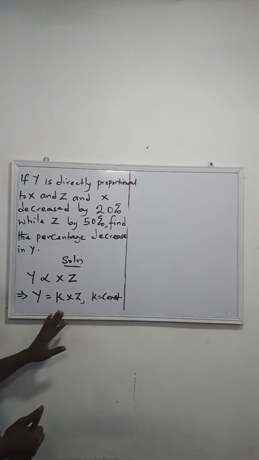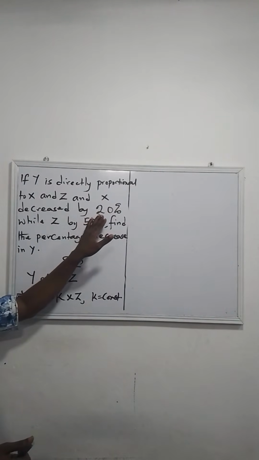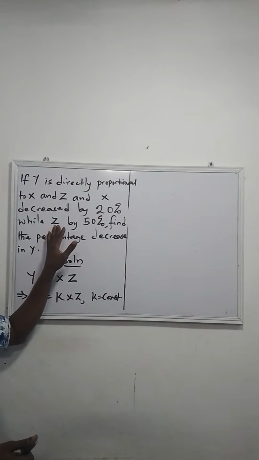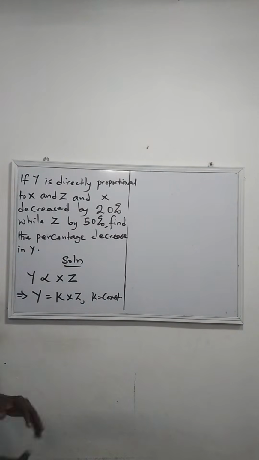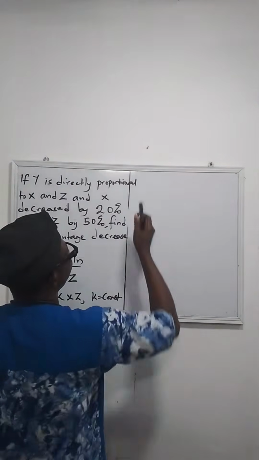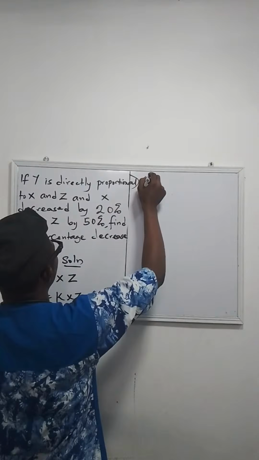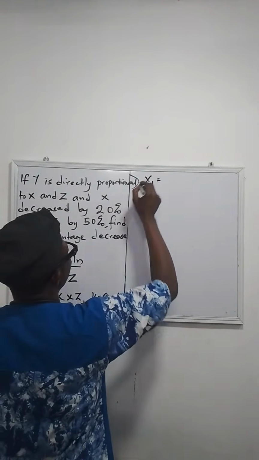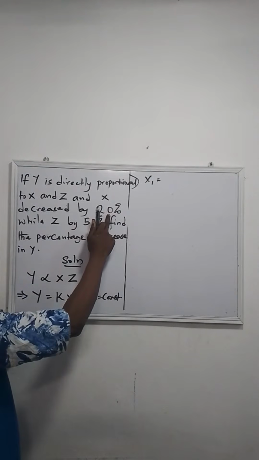Okay, so now let's move on. Now x is decreased by 20% and z decreased by 50%. So that means we have a new x and a new z. So we now have, let's say, x1, that is the new x, decreased by 20%.